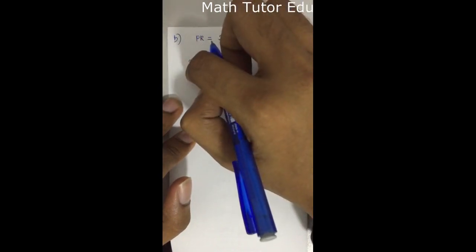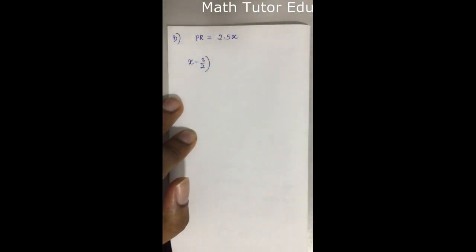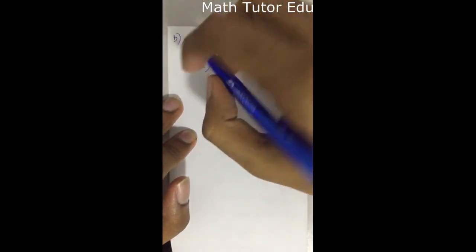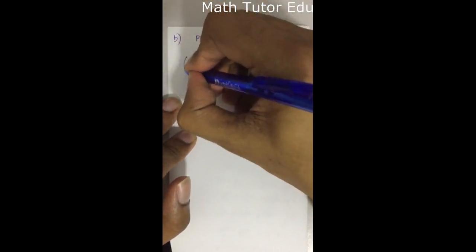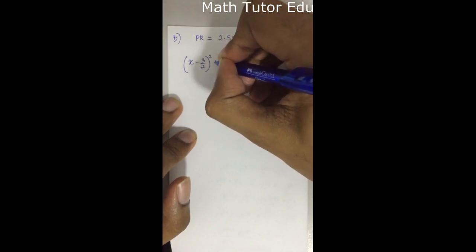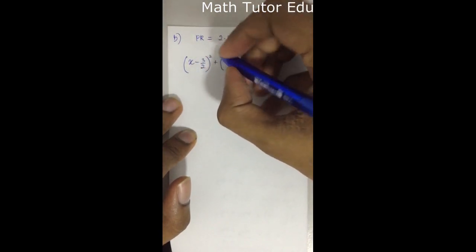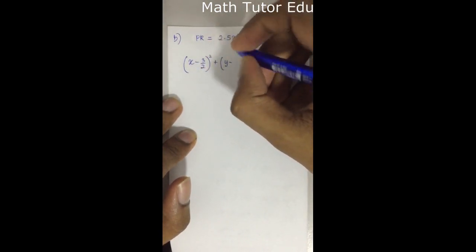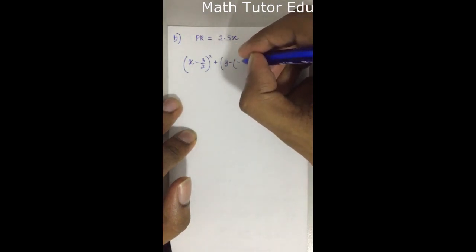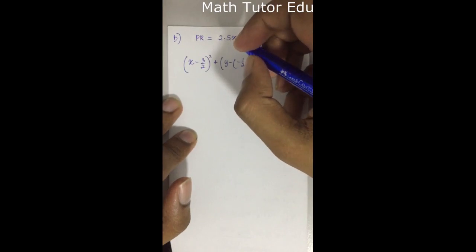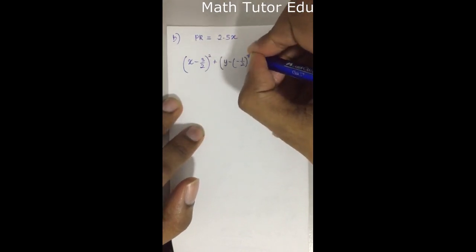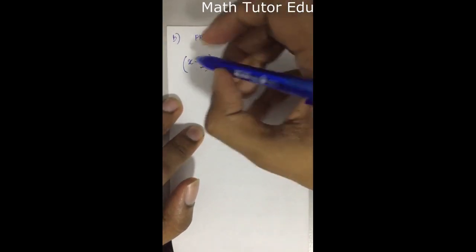So why do we write here x? The x can be any point within the x coordinate, so that's why we write here x. So square, plus y minus negative 1 over 2. So this is the y coordinate of R, close bracket, square.